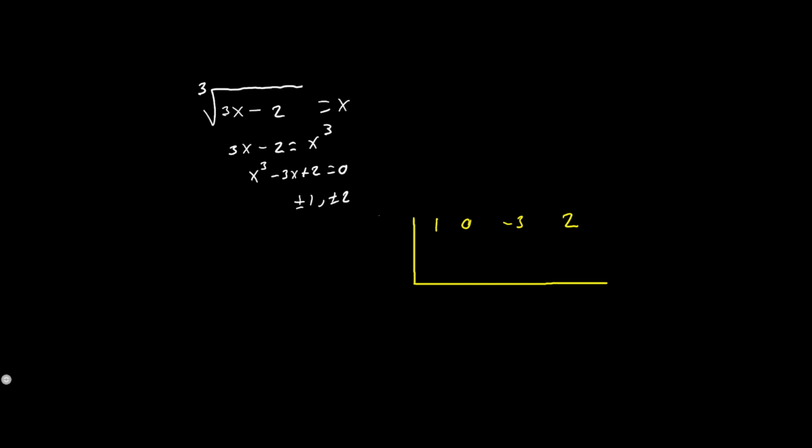And we are going to test positive 1 out. We drop down 1, multiply it by the divisor, and we get 1. Since we're adding from top to bottom, multiply again by 1. We get negative 3 plus 1, which is negative 2. Negative 2 times 1 is negative 2, and we get 0. So we end up getting the factor x minus 1 times x squared plus x minus 2.